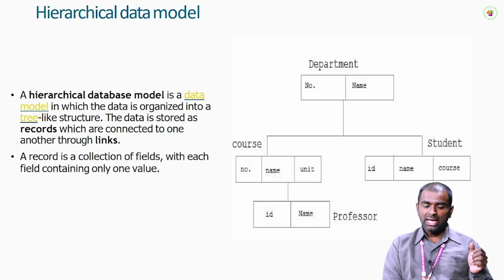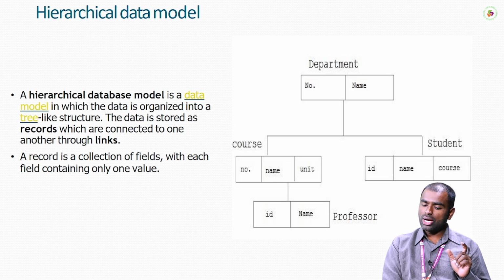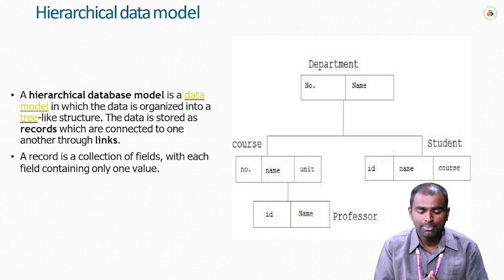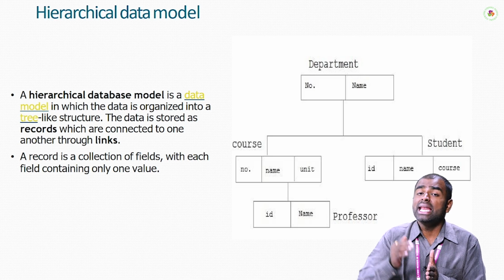Hierarchical model, as we discussed: department number, department name. Under department you have courses and students. For each course you have some professor. These are different levels, with data organized into a tree like structure, level by level.